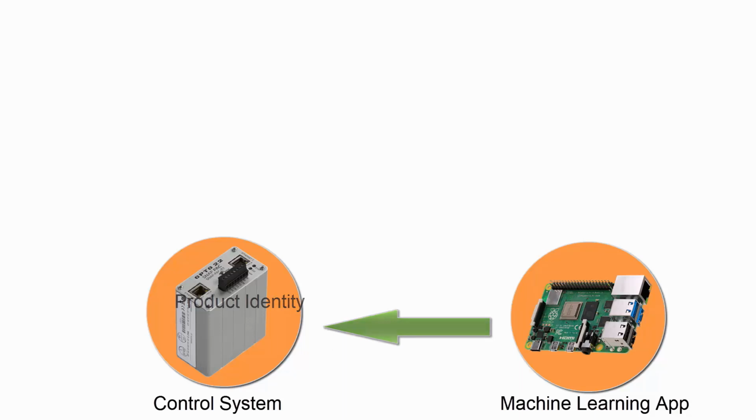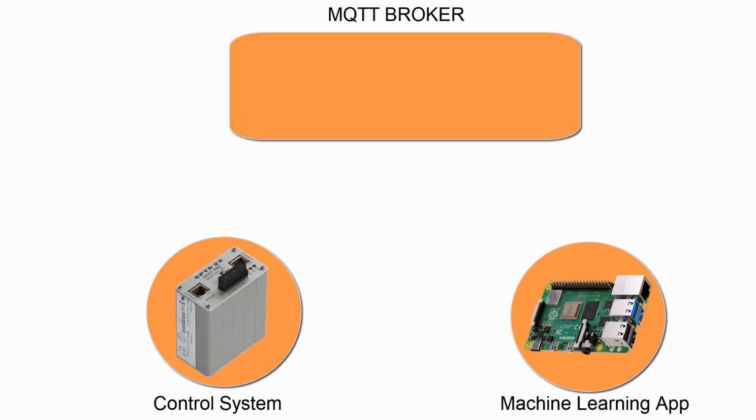So, first of all, we are going to introduce an MQTT broker. There are many MQTT broker implementations to choose from. Most of them are open source and free to use, for example Mosquitto, RabbitMQ, etc. And some, like HiveMQ, have free open source and enterprise editions.